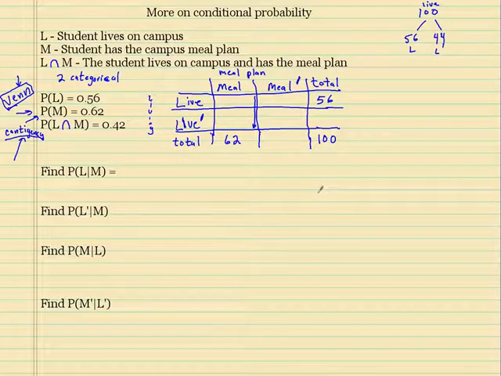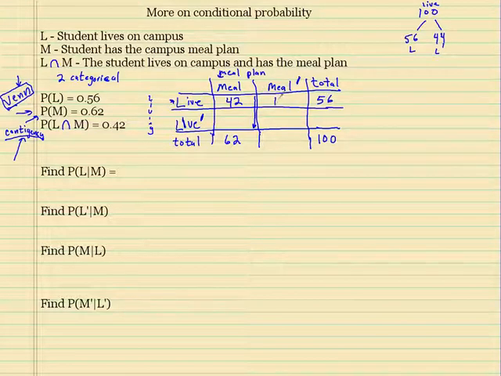Well, how many live there and have the meal plan? They live there, and they have the meal plan. That goes right here in this intersection. So there's 42. Now I think we could fill the rest of the table out. This 42 plus what gives you 56?